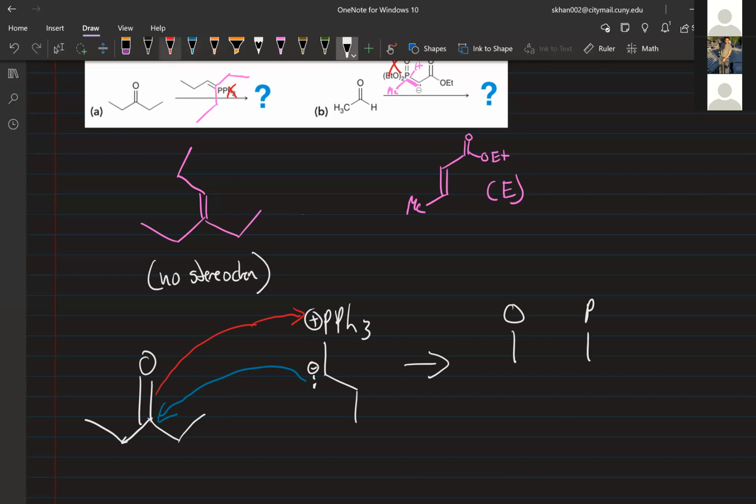The red arrow is this bond, the blue arrow is this bond, and then what's connected to these, PPh3. Here this is the carbon, so it's 1, 2 coming off, and here we had 2 ethyl groups, right?